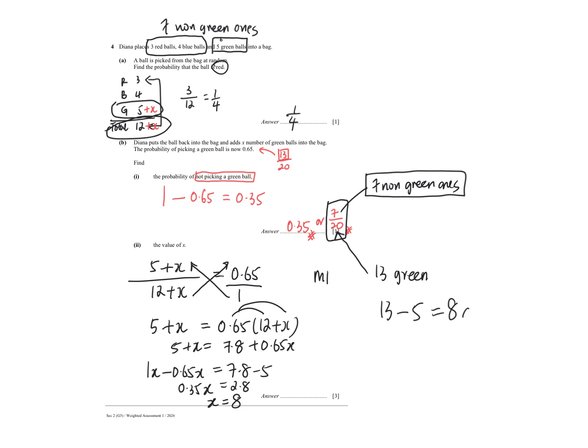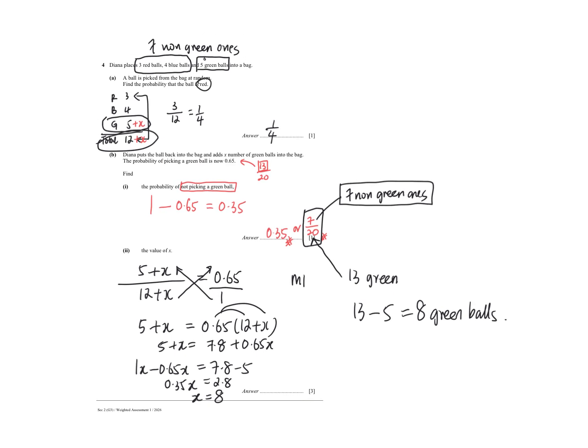But sure, I just put 0.65 as a fraction. So in the end, some of you just used no algebra to find out that actually you have added in 8 green balls, which is also fine. We give you the full 3 credit. Because of this ratio, you know the total is 20. There were 7 non-green ones and 13 green ones after adding. So that one is also fine.